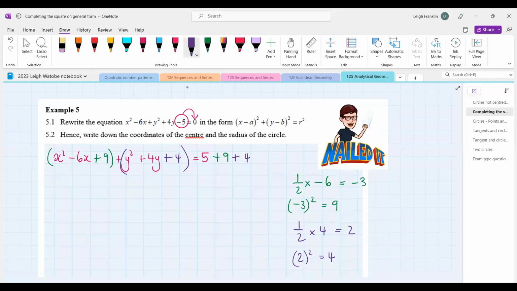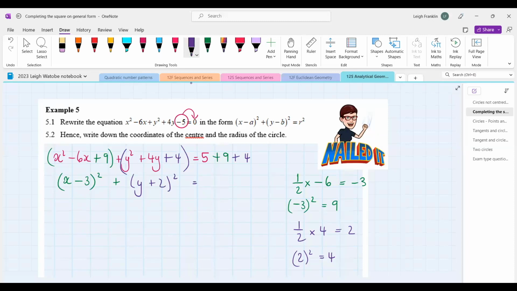We need to factorize our perfect square trinomials. x squared minus 6x plus 9 factorizes into x minus 3 squared. y squared plus 4y plus 4 factorizes into y plus 2 squared.